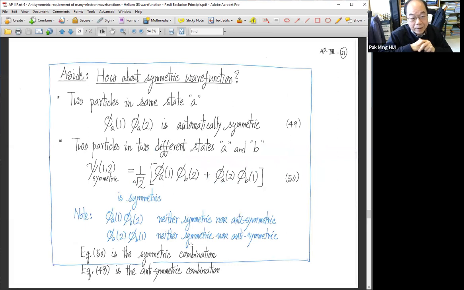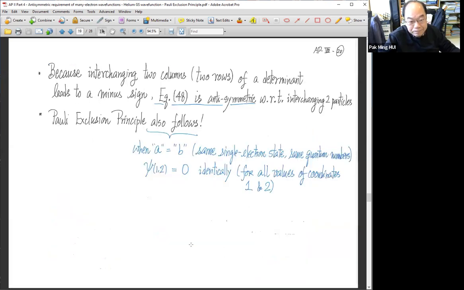Now, as a byproduct, we talk about antisymmetric total wave functions. Another important point, I think, is how about forming symmetric wave functions? All right, now, a very simple way is the following.